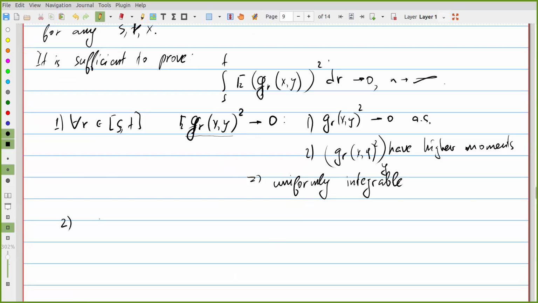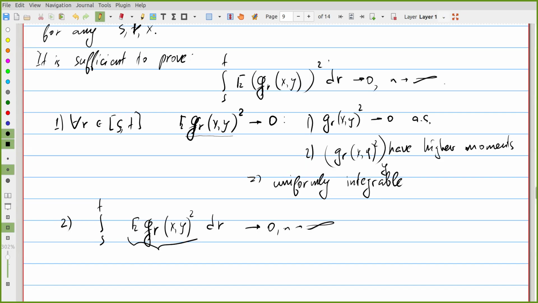And second, g_n(r). Now, we already know by step 1 that this is converging to 0. But again, it has higher moments. So using exactly the same argument, you can establish this convergence.